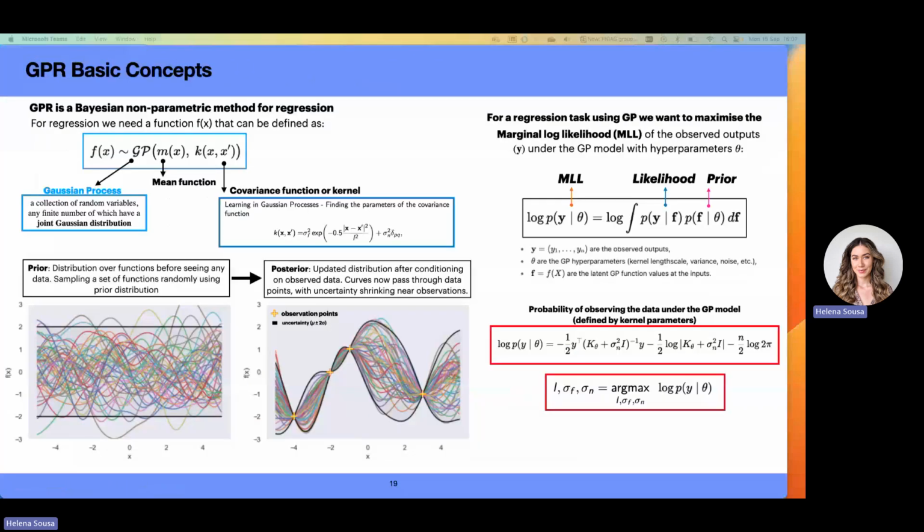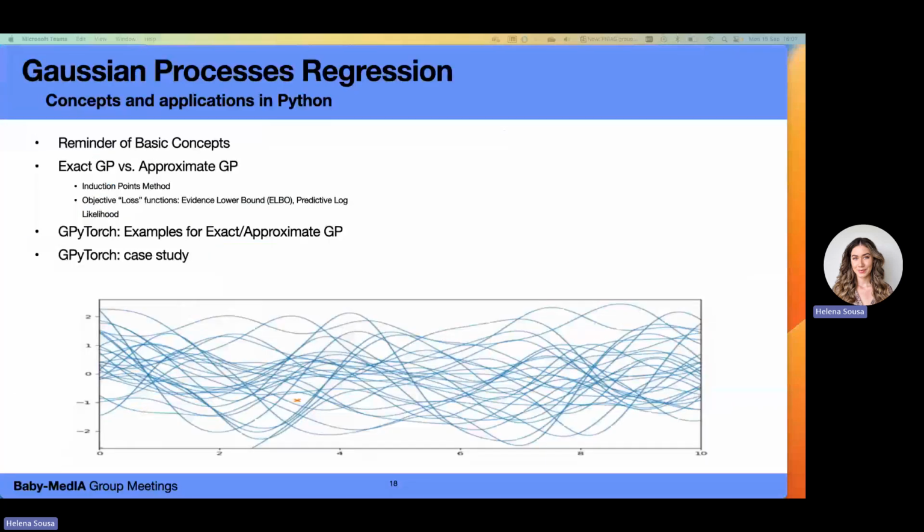Okay, but anyway. Today I'm just going to continue the session that we had last week about Gaussian process regression. I'm going to do a very quick reminder of some basic concepts, because then I'm going to talk about exact GPs and approximate GPs.